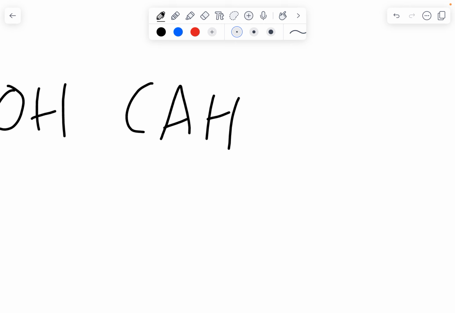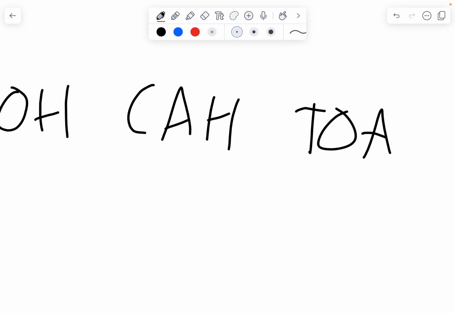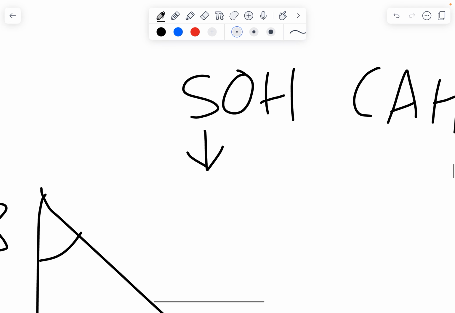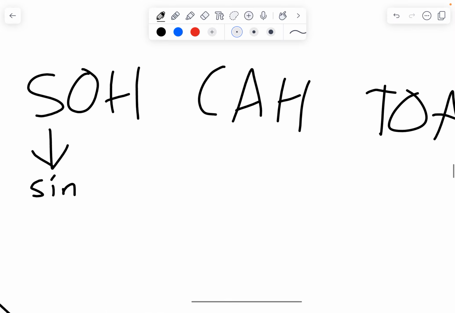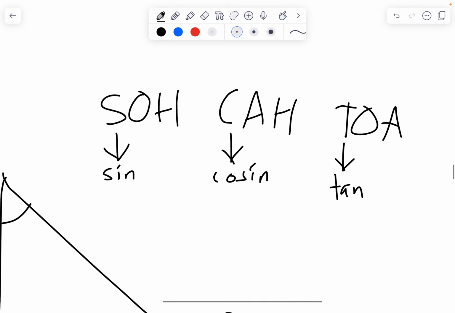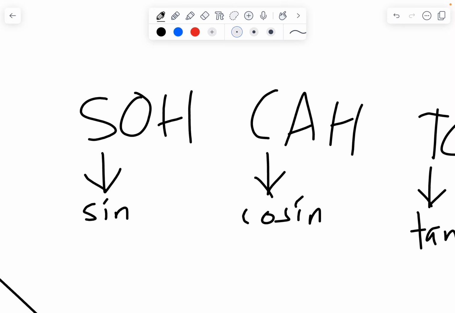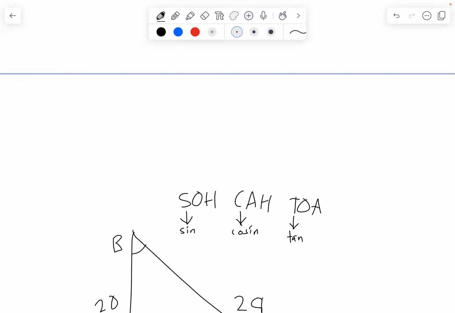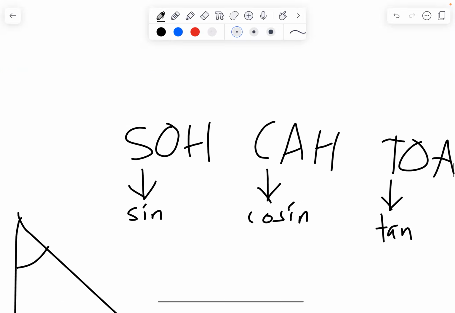SOHCAHTOA. What does this mean? Well, S obviously stands for sine, C for cosine, and T for tan. What does the AH and the OA mean? That's the important part.